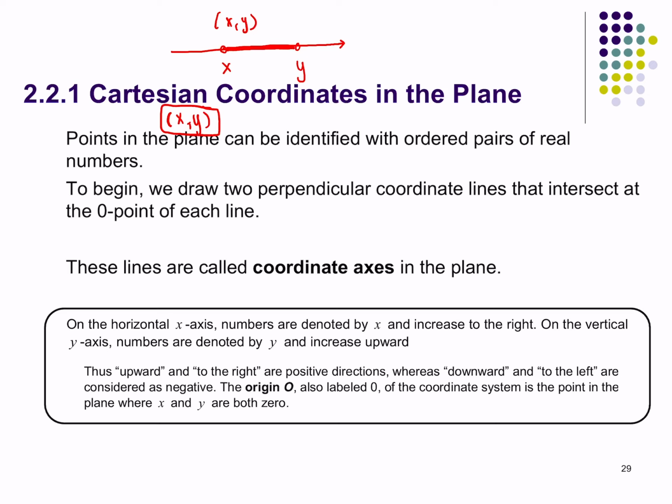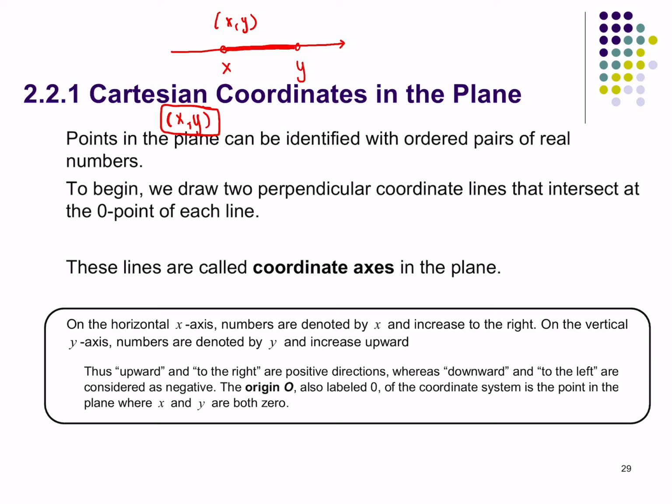But in the Cartesian coordinate here, you need to have 2 points, the point x and the point y, so that you can plot out the position of that point with lines in the plane.